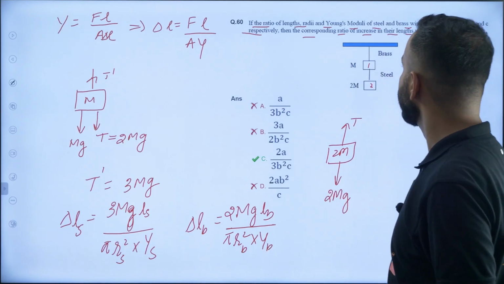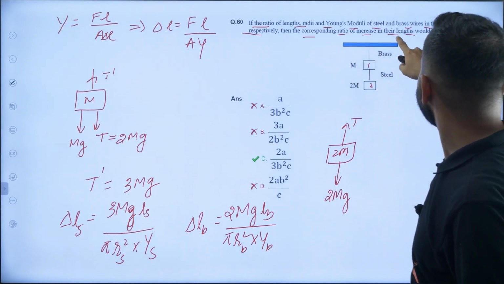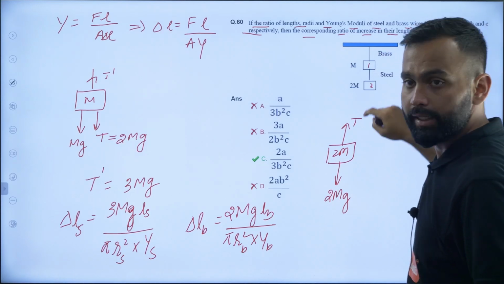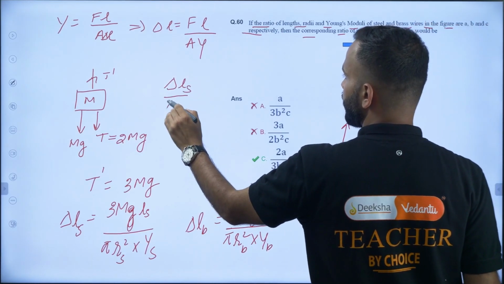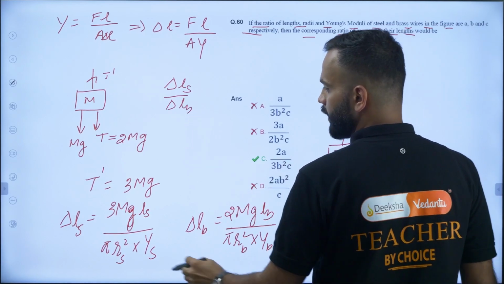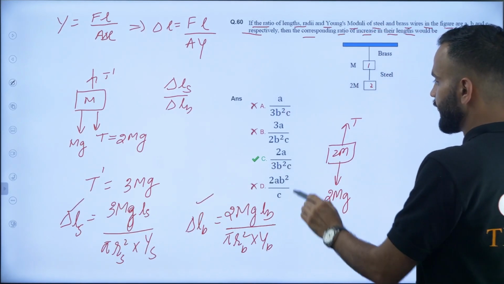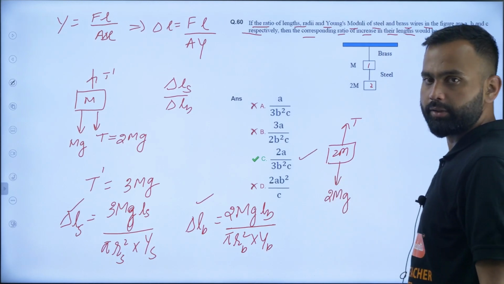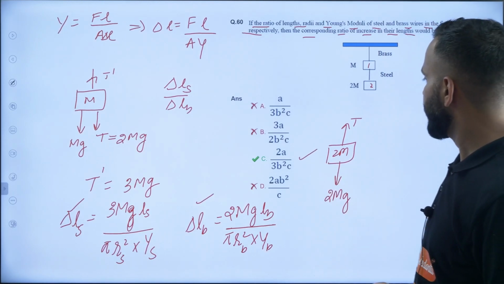What they are asking is the ratio of increases in their lengths, that is delta Ls divided by delta Lb. So divide delta Ls by delta Lb, and you will get 2A divided by 3B squared into C. Understood? That's it.